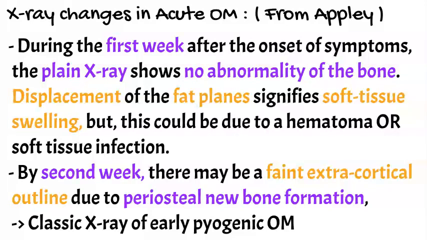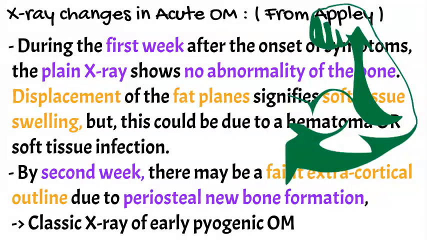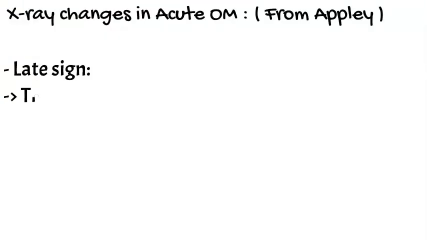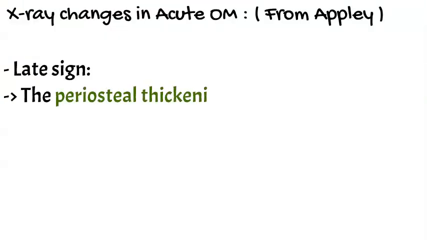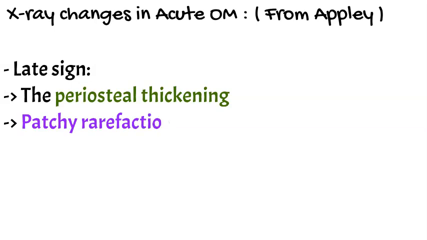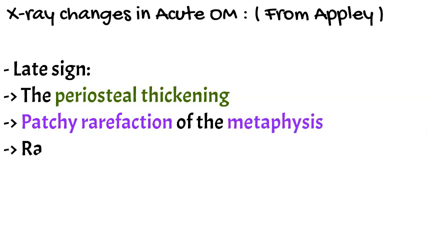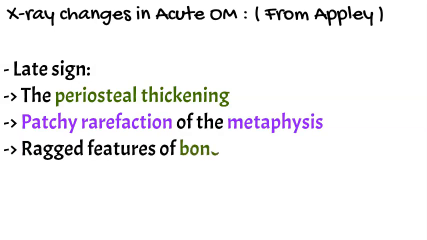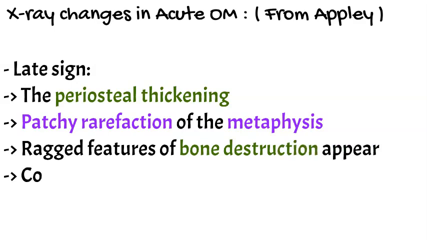It is a classic X-ray of early pyogenic osteomyelitis. The late signs in X-ray that we could see are periosteal thickening and patchy rarefaction of the metaphysis.